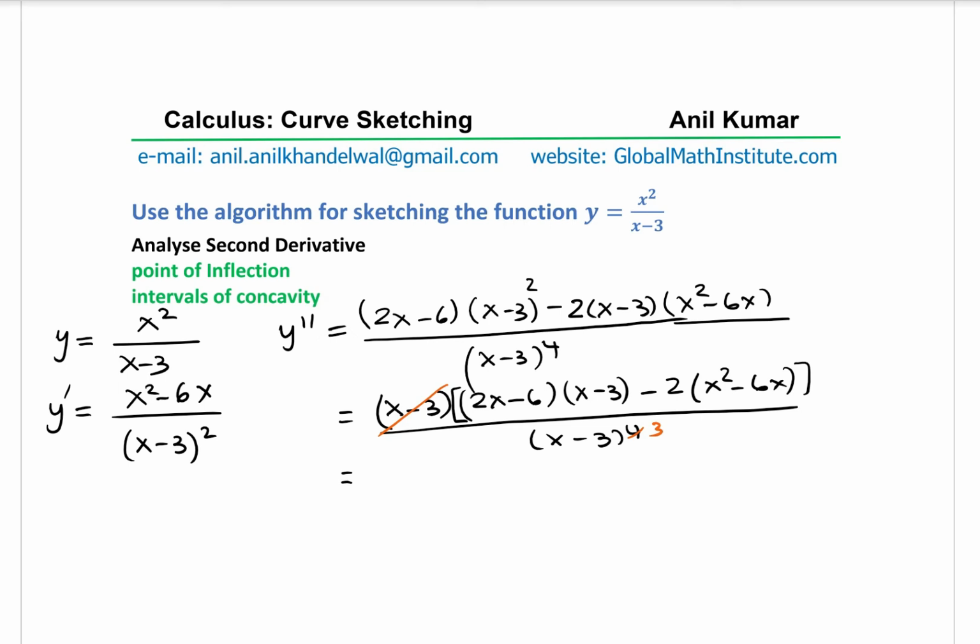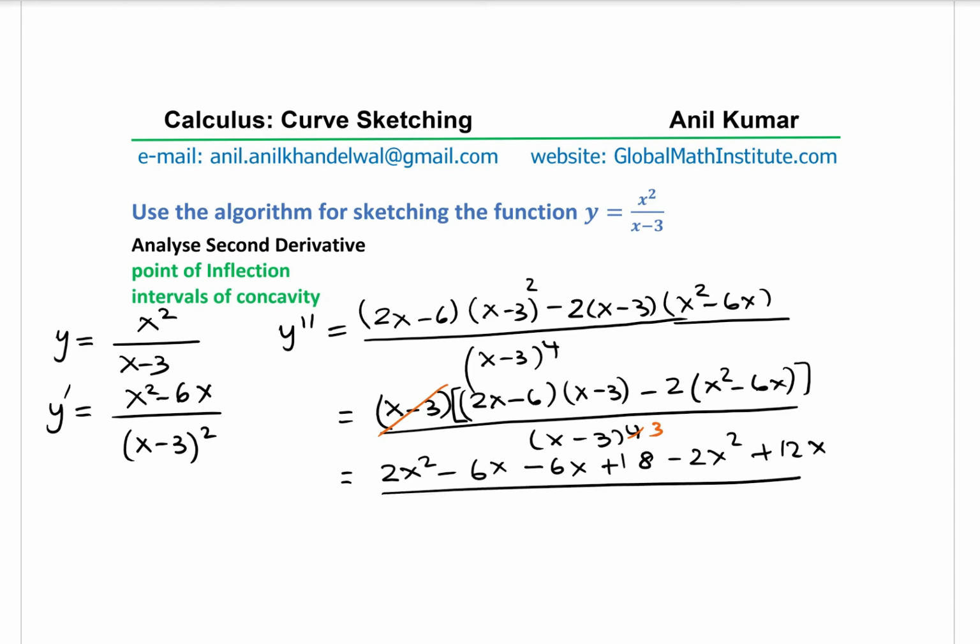So when you expand the numerator further, we get x times 2x is 2x squared, then 2x times minus 6x, and then minus 6x, and you get plus 18, minus 2x squared plus 12x, over (x minus 3) cubed.